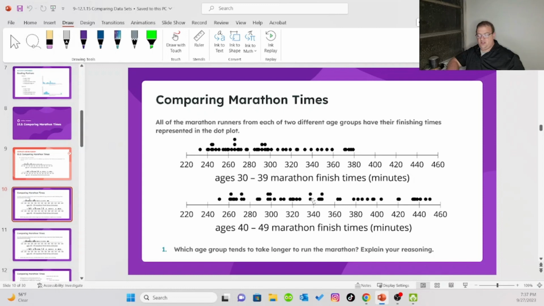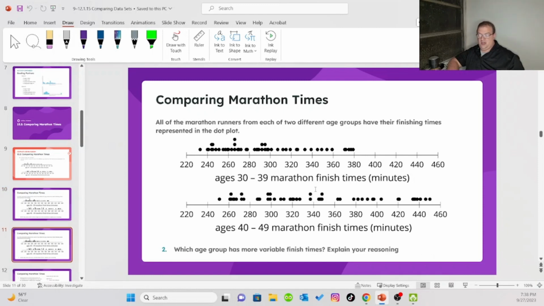So the measure of center for the 40 to 49-year-olds is going to be farther to the right, meaning it takes longer. So maybe we say the 30 to 39-year-olds take maybe 290 minutes or 300 minutes, whereas we're saying the 40 to 49-year-olds, maybe they take around 340 minutes, 350 minutes, something like that. So the older group tends to take longer because their center is further to the right, and we're measuring time in minutes.